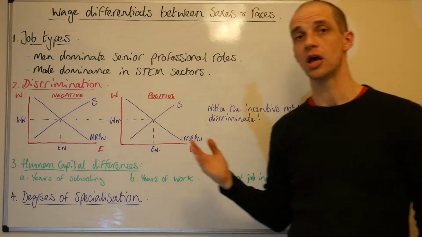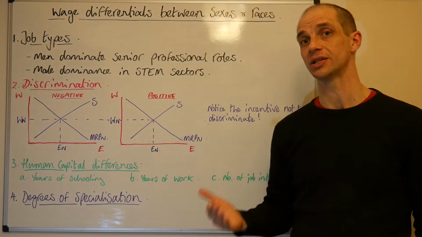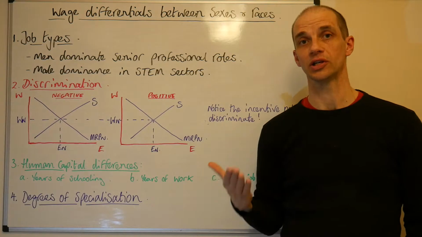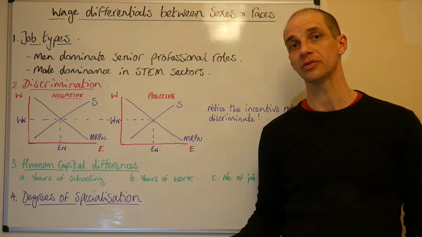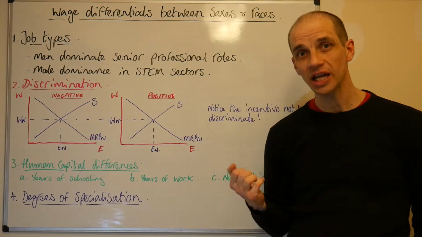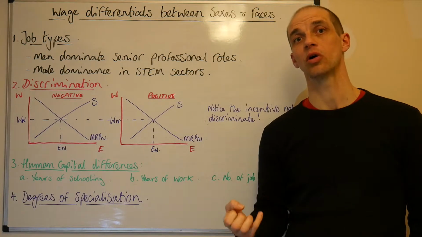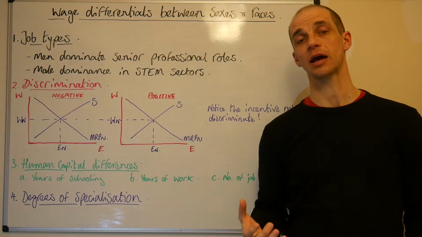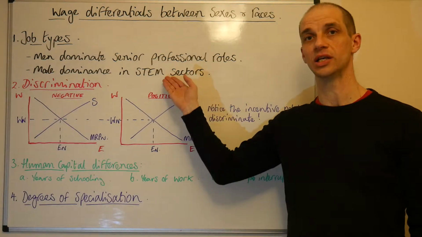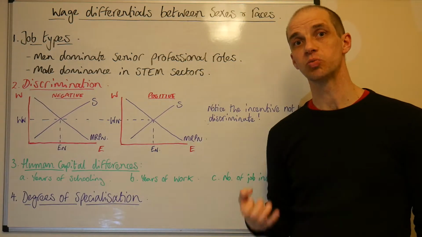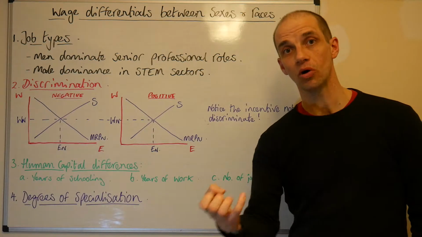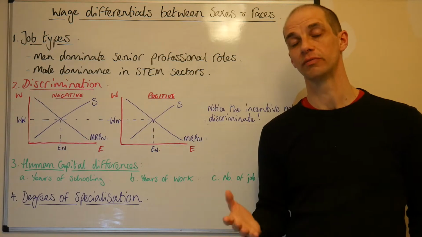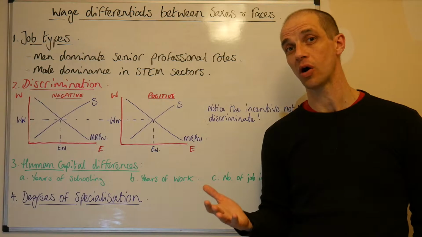Further to this, males also dominate the fields of science, technology, engineering and maths. These areas tend to be quite well compensated due to the investment in their own human capital that employees in these areas have made, as well as the demand for such roles, which tends to be very, very high.